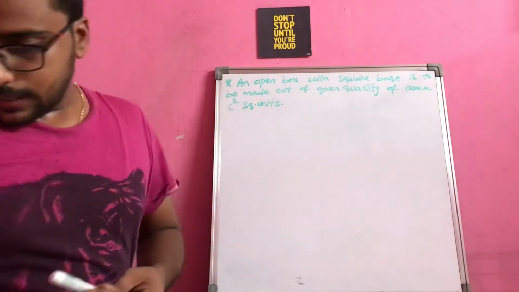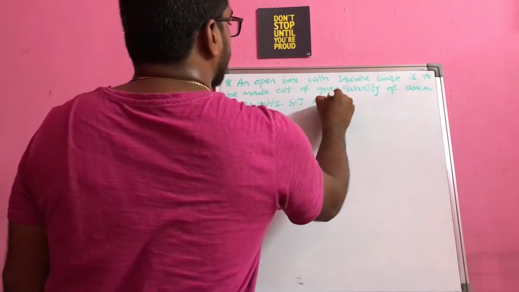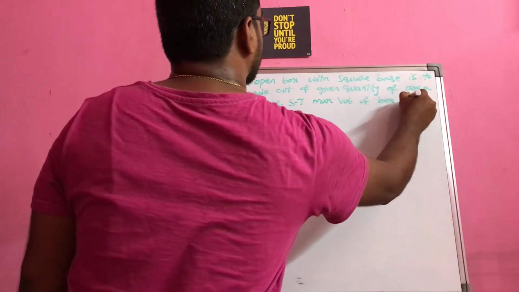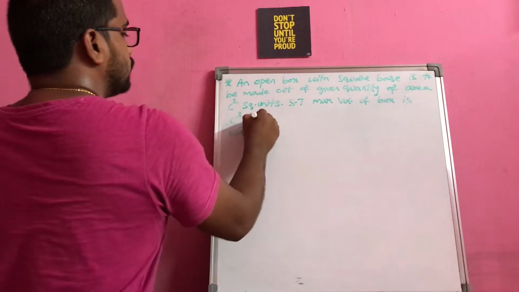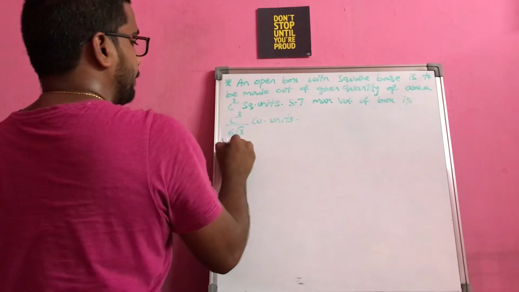And, show that the maximum volume of the box is something like C cube by 6 root 3 cubic units.